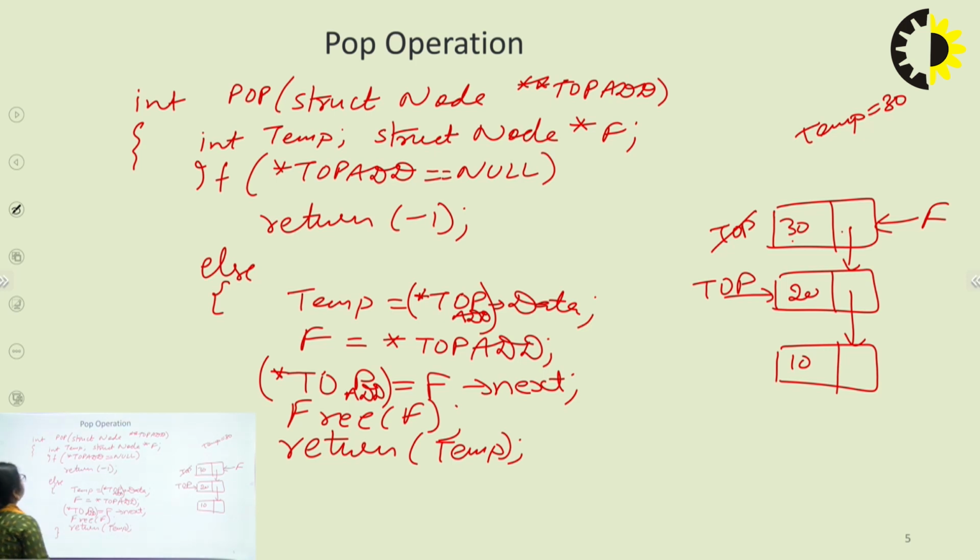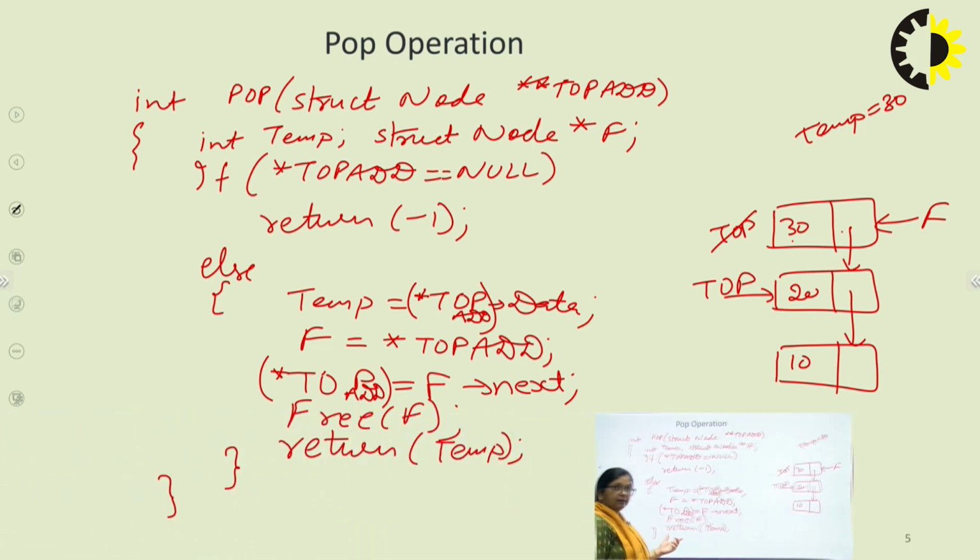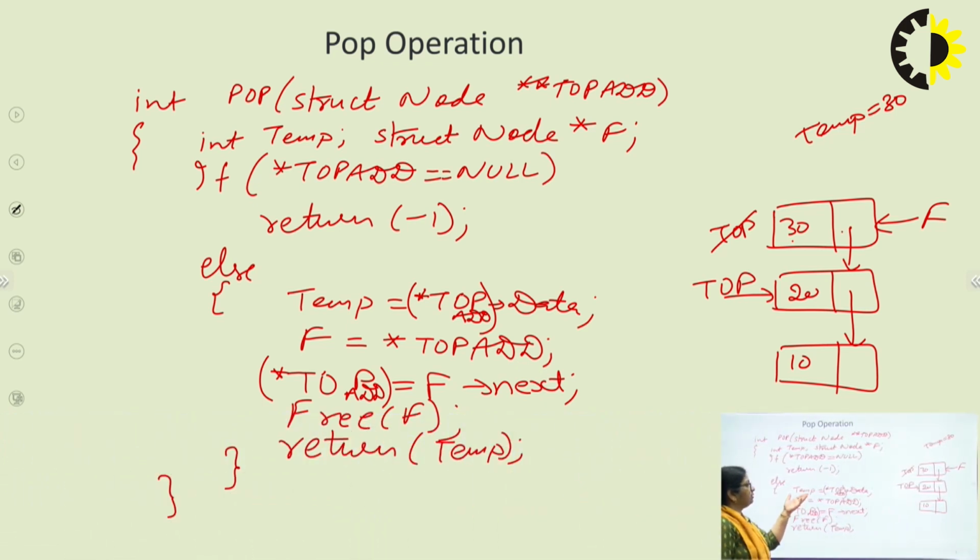So what we did? We checked whether the top is null. If top is null, then return -1. It means there is nothing to be deleted. Else, what we will do? We will take the data to be returned. So I took it in temp, which I am returning at last. So two steps are needed here.